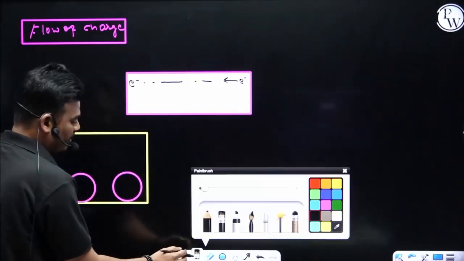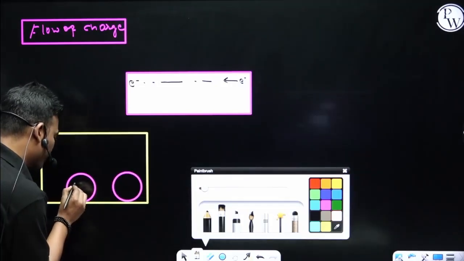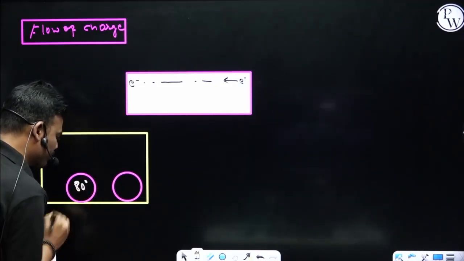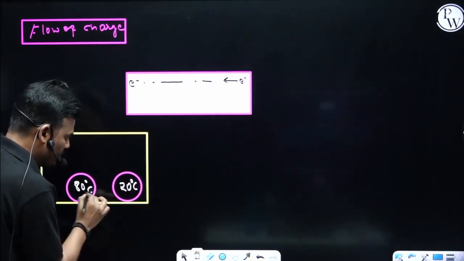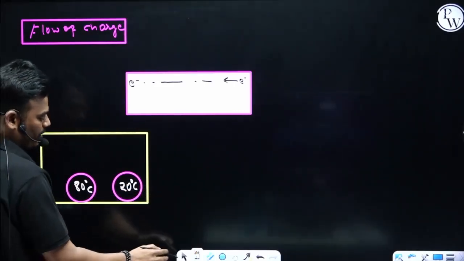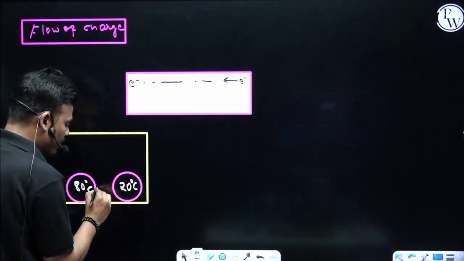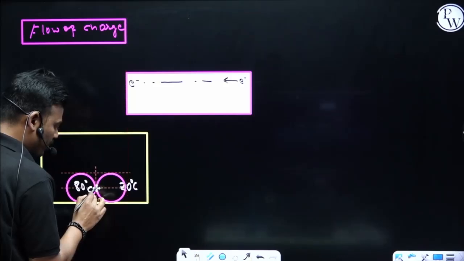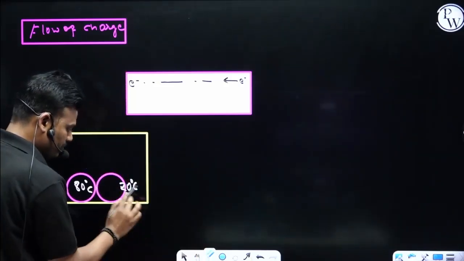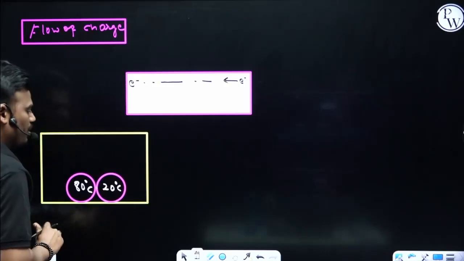Let's say the temperature of this body is 80 degrees Celsius and this body is 20 degrees Celsius. Now what I will do is make them contact, bringing these two bodies together.